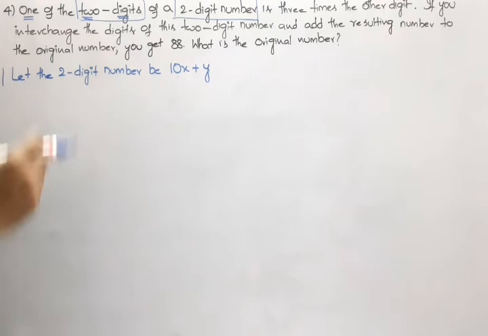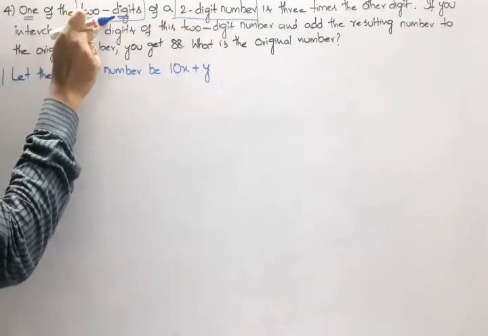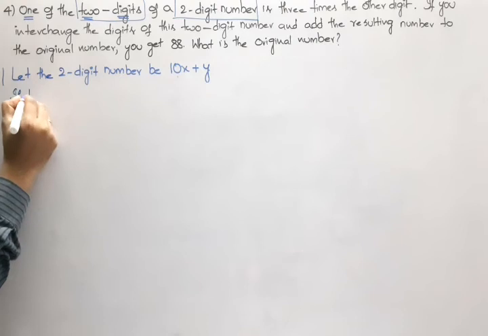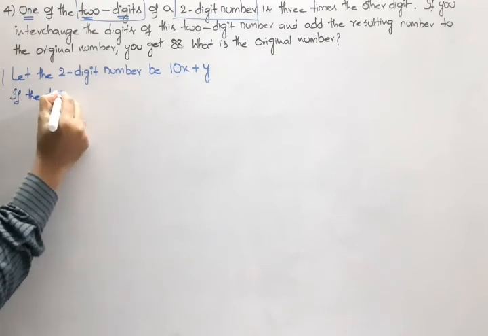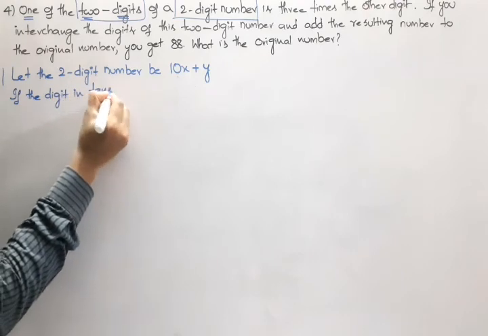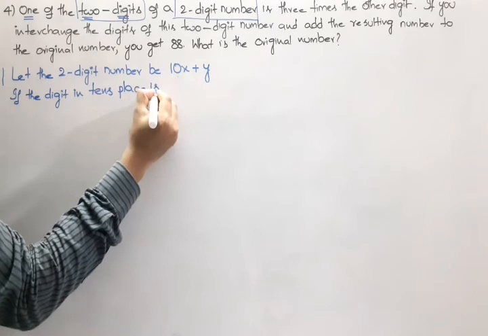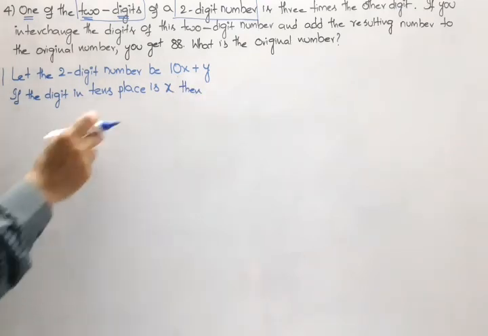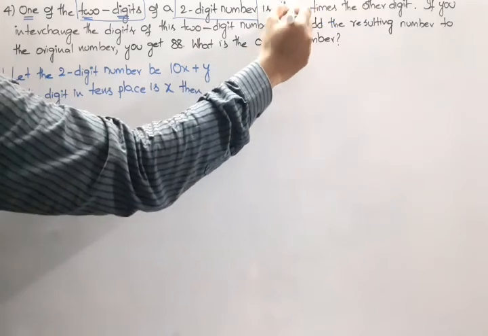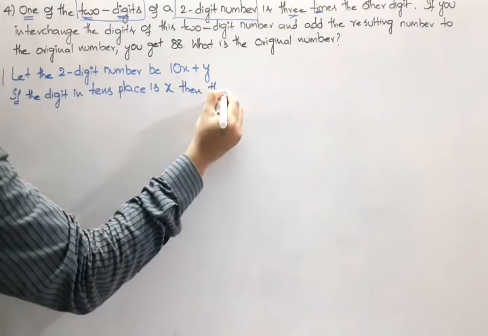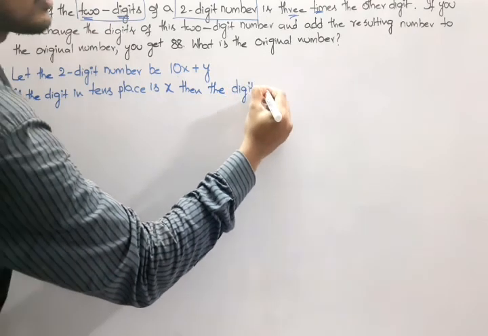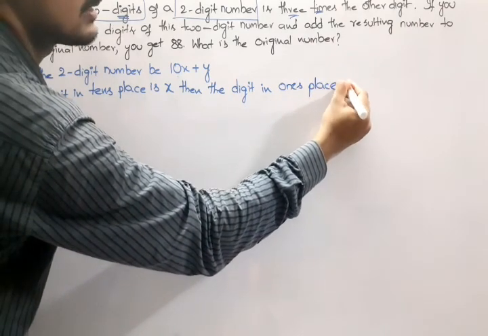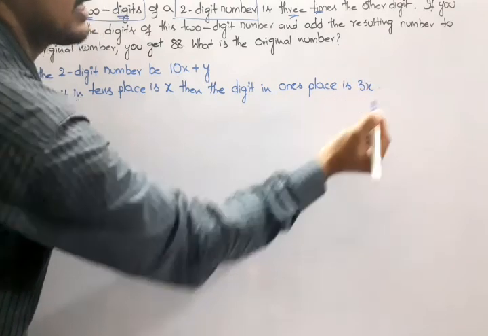Now look, one of the 2 digits. One of the means, for example, if we take x, that means if the digit in tens place is going to be x, then the digit in ones place will be 3 times the other digit, 3 times x, that is 3x.